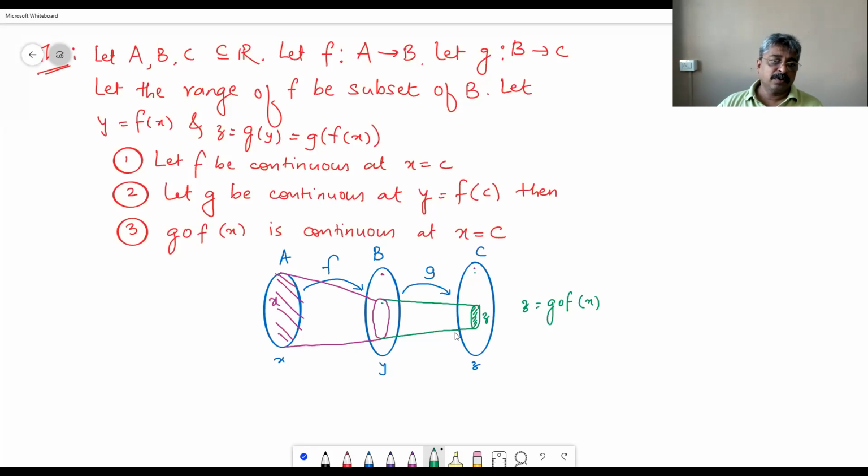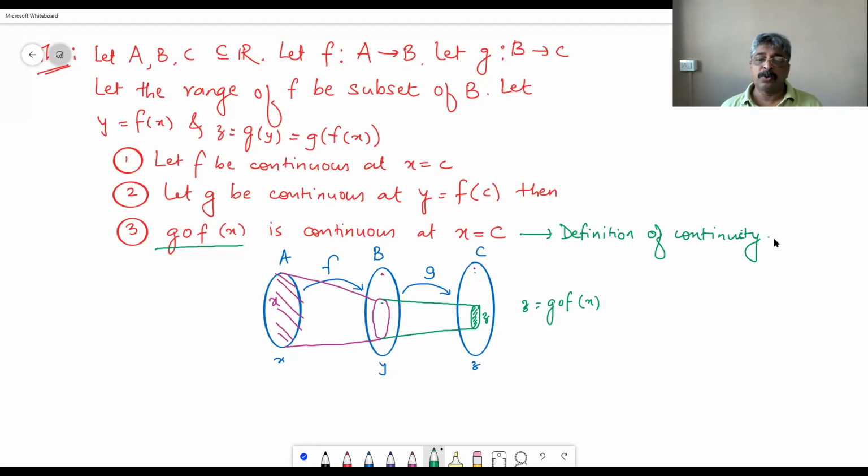Now if we want to prove that g o f of x is continuous, it should satisfy the definition of continuity. Yes or no?